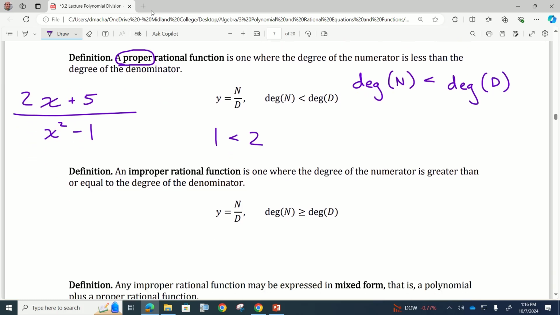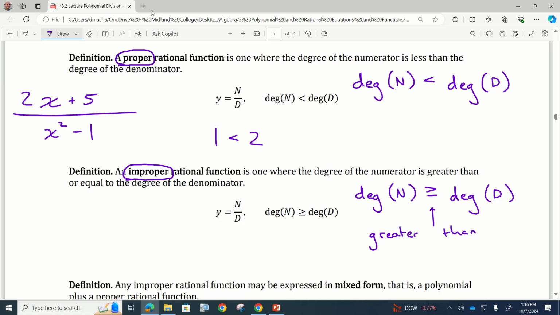On the other hand, an improper rational function is one in which the degree of the numerator is greater than or equal to the degree of the denominator. And that's important. It's not just greater than, but it's greater than or equal to. And that means there's two ways you might see this.